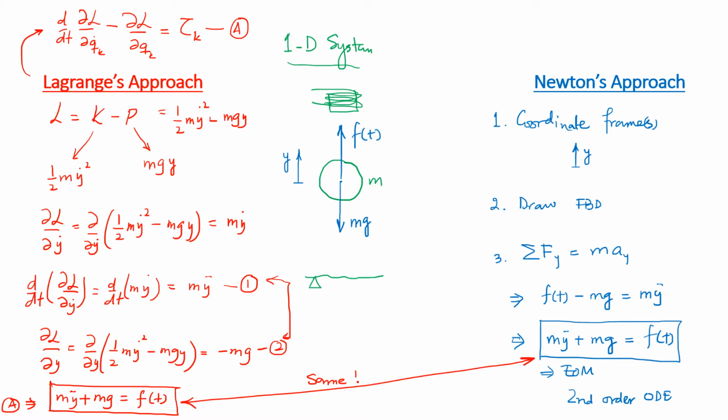We will see that later on, but at this stage, we can realize that the same system, when modeled using Newton's approach, gives the same result as Lagrange's approach. So for that reason, we will stick to Lagrange's approach in the subsequent discussions, and we will see how robotic systems can be modeled.